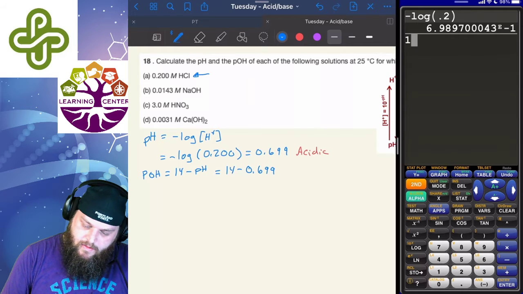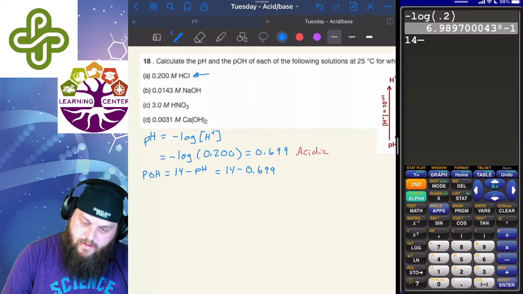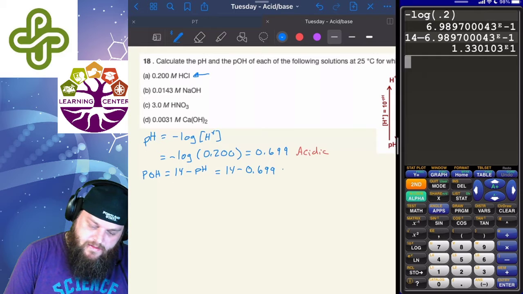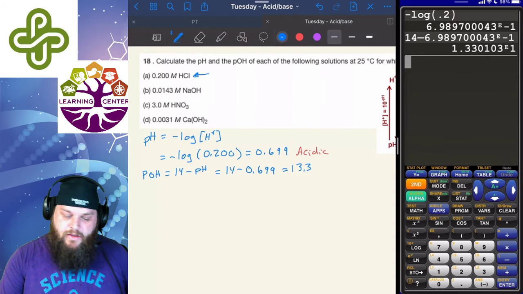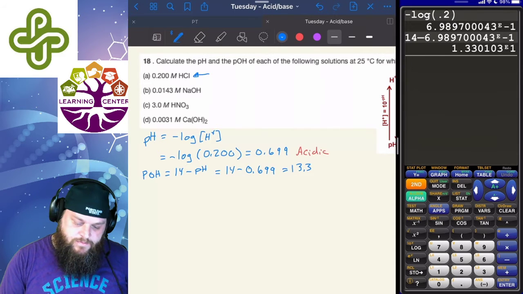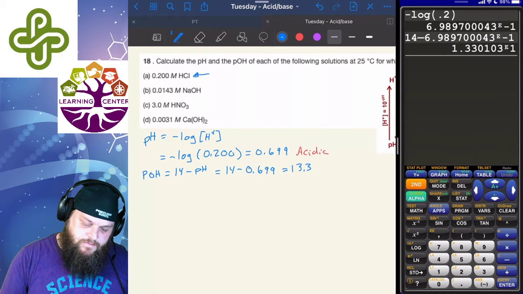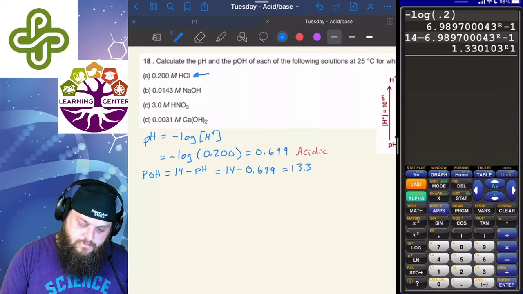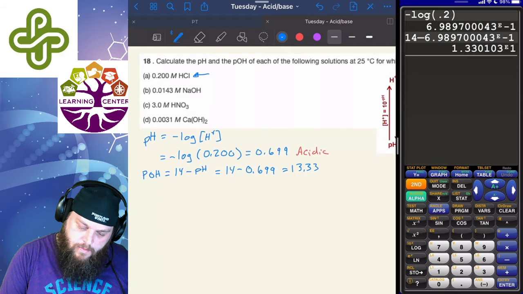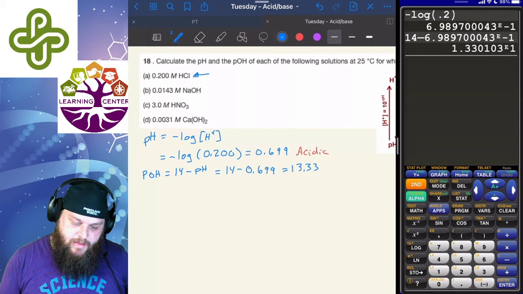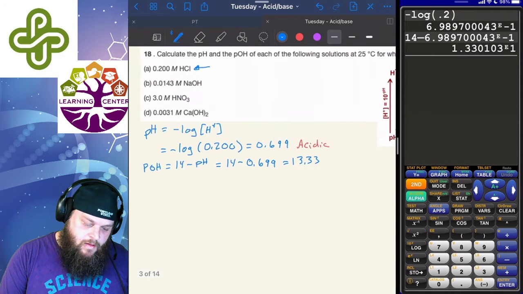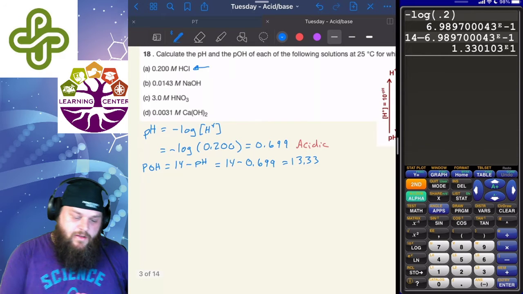So 14 minus this value, we can see is equal to 13.30, keeping 3 sig figs. So that's the pH and the pOH of part A.